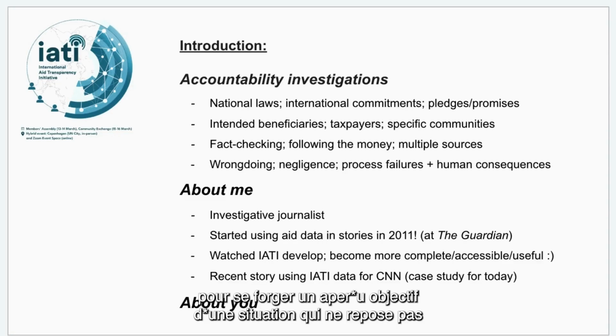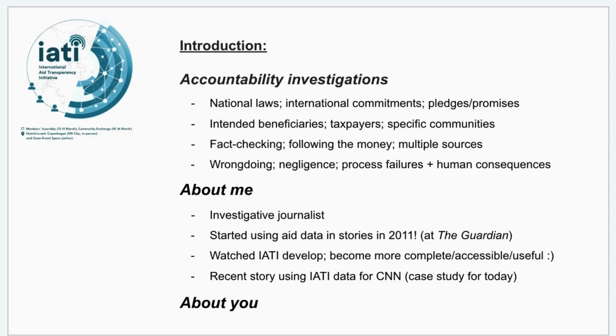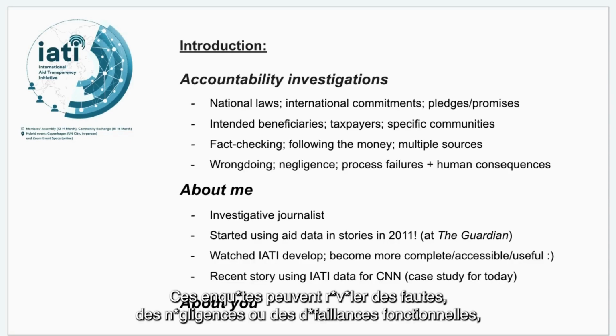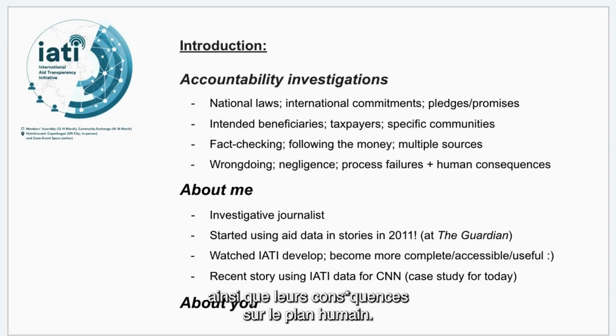of a situation that is not reliant on official accounts, and also, in particular, not reliant on a single official account. They may reveal wrongdoing, negligence, and process failures, but also human consequences of these things.